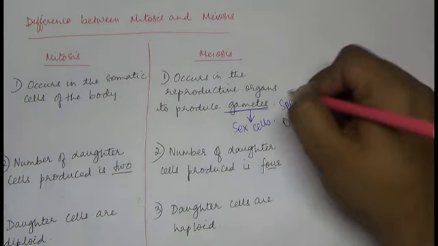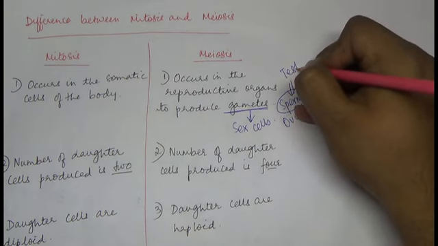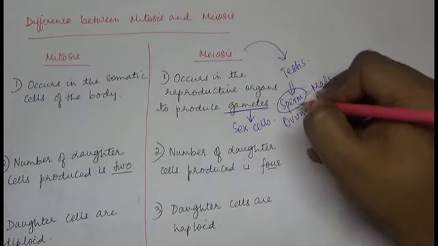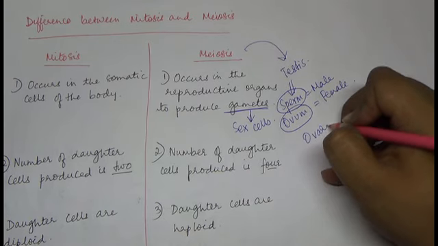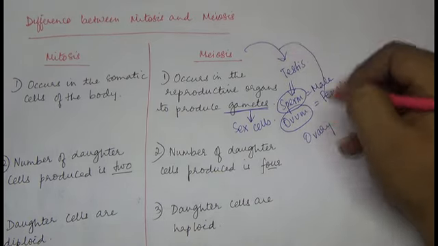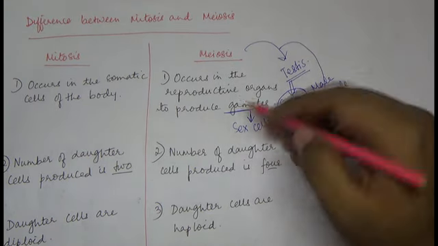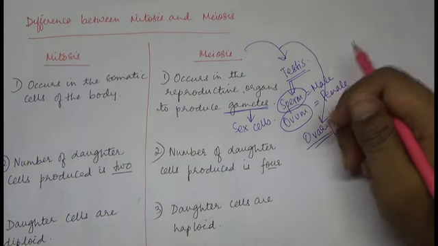And where will sperm be produced? The sperm will be produced in the testes. So meiosis takes place in the testes. And where will ovum be produced? It will be produced in the ovary. So meiosis also occurs in the ovary. So testes and ovary, the reproductive organs, will produce gametes like sperm and ovum.